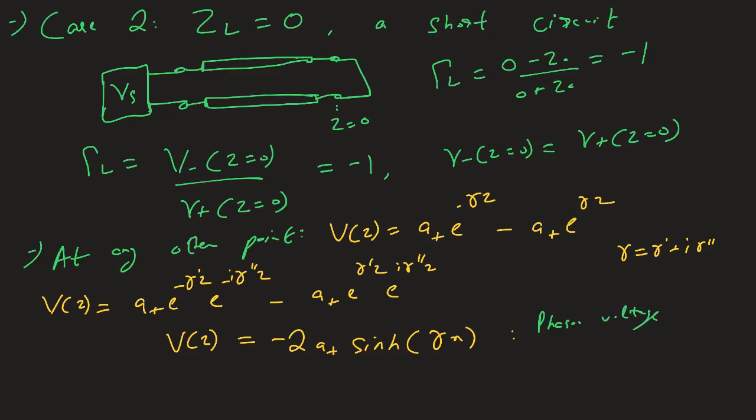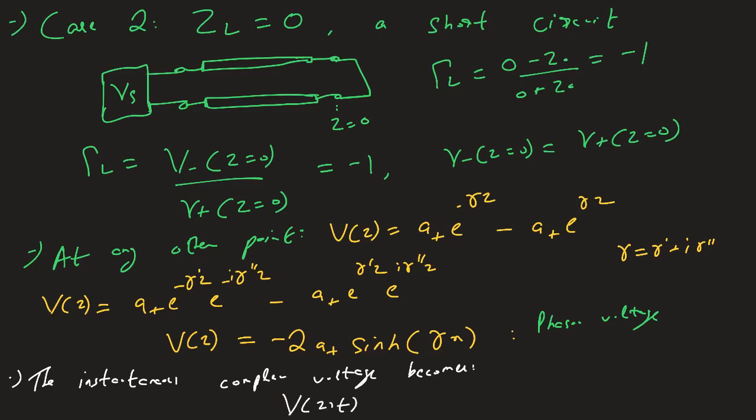So if that's the phasor voltage, then the instantaneous complex voltage V of Zt becomes equal to minus 2A plus sine hyperbolic of gamma Z e to the I omega t, right?